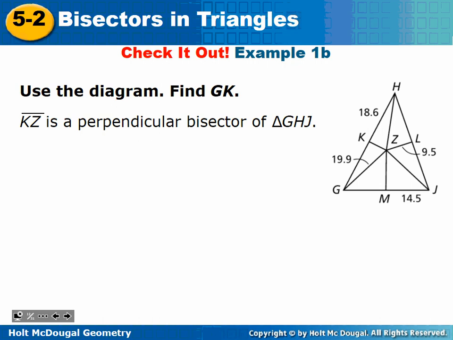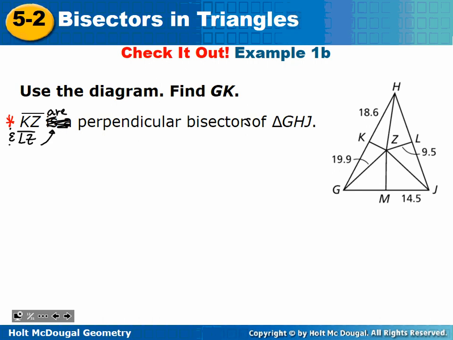All right, so same picture, or actually this is a different picture, isn't it? This is different, right? But they're missing information on your notes. So add this to your notes, and it should actually say KZ and LZ are perpendicular bisectors. So you're missing that sentence.